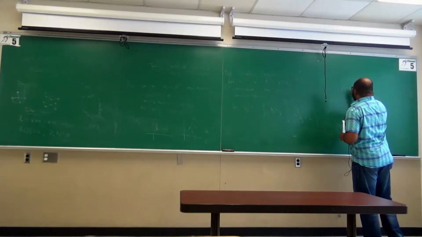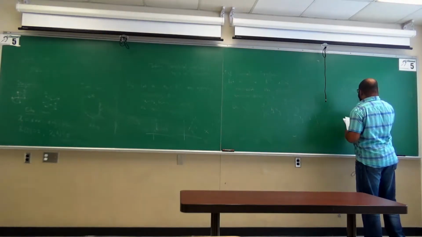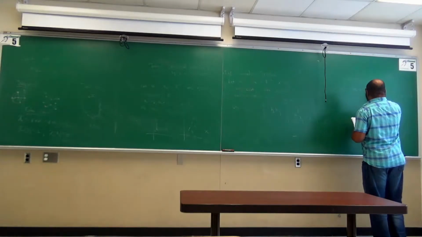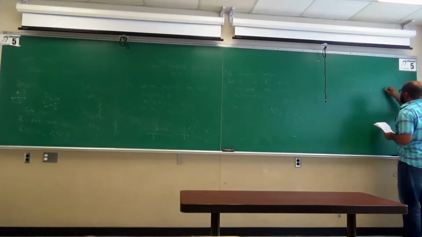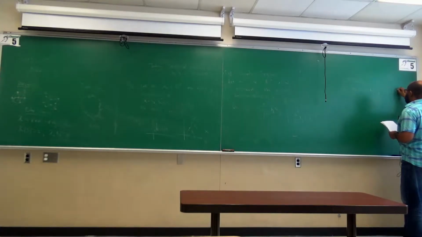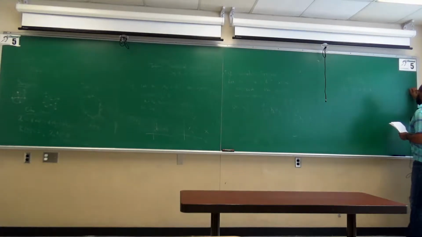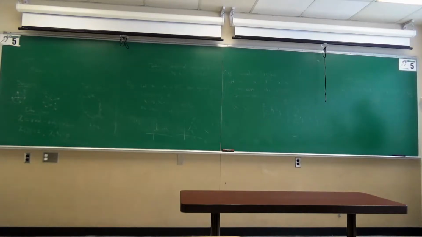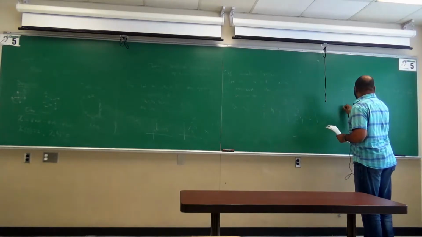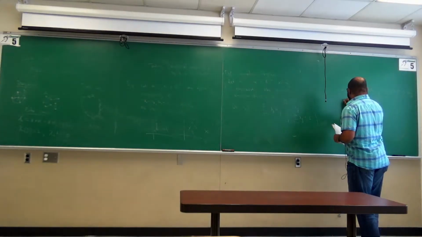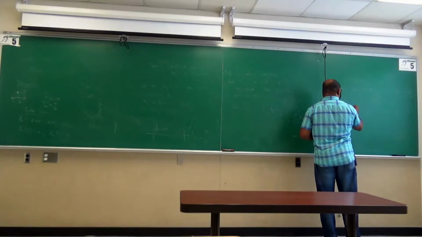So let's take, for example, u0 to be the vector (0, 1), and let u1 be the vector (1, 0). And this is going to be in R2. Okay? So here is u0, and here is u1.